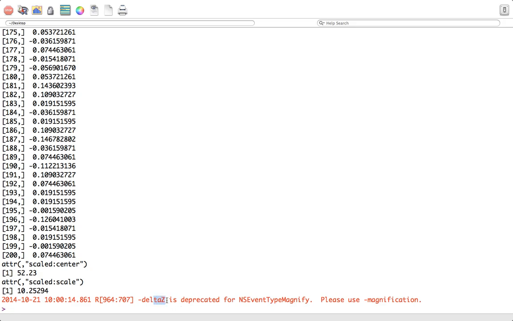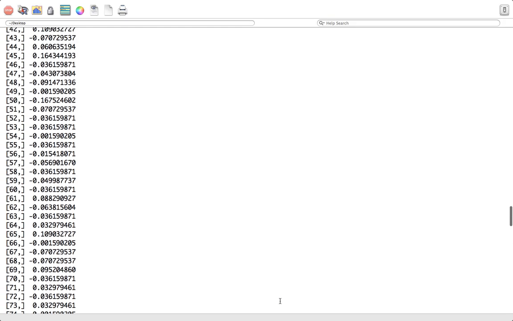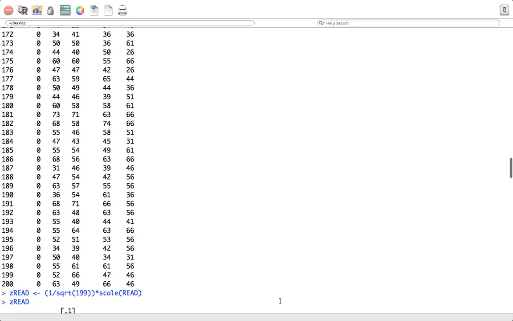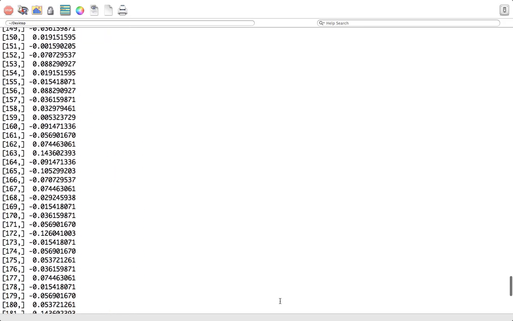Now this right here is going to get me confused. That's kind of why I'm stumbling around. Please use magnification. Okay, that's funny. All right, so gang, next, let's just go Z math.